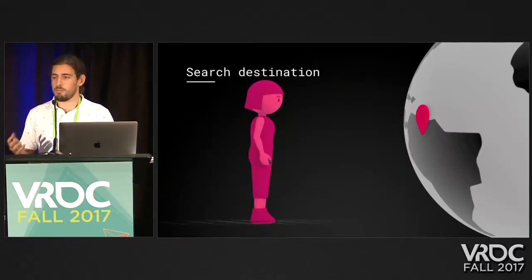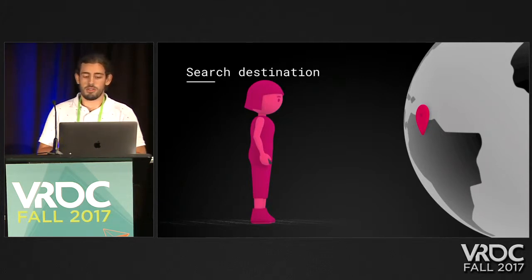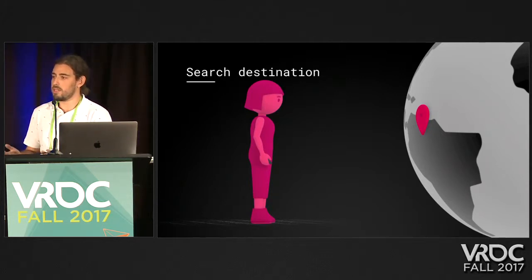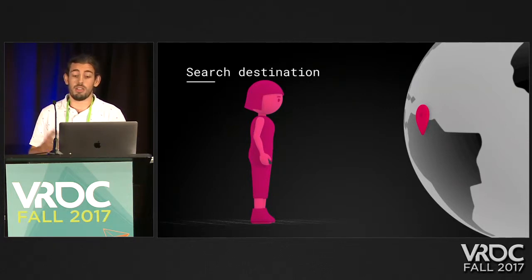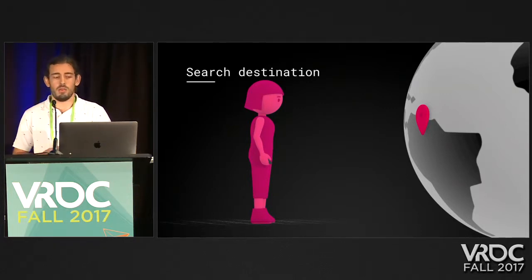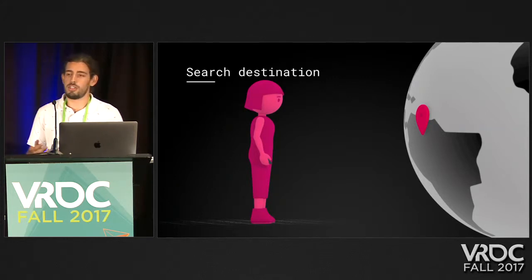So now that the user is able to type in a query and select their destination, we want to make sure that when we take them to that destination, they know exactly where they are and they know that it's the right place. And the challenges here are, what is the best scale, orientation, and altitude that we need to take the user to preserve their context?